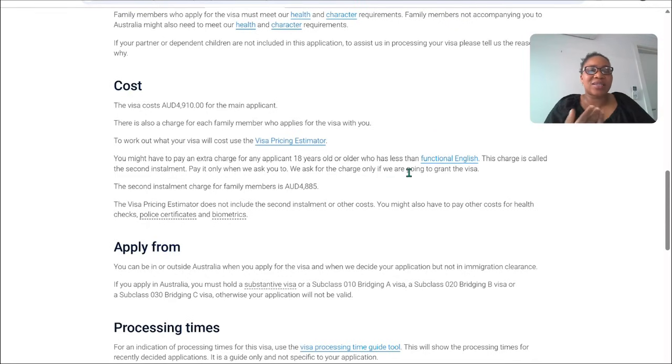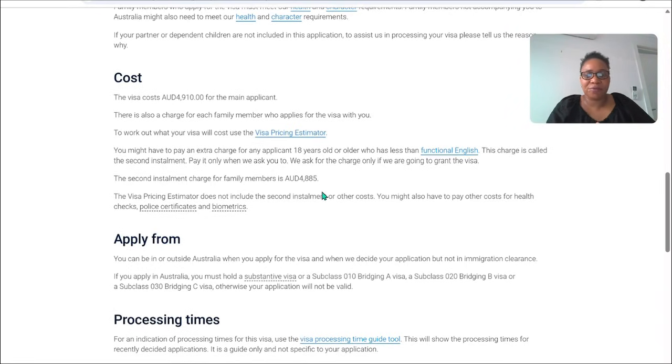And functional English can be their academic certificates, be it ZIMSEC Form 4, be it diploma, be it their degree if they have, or any academic certificate, or in this case, the institution writes a letter to say that they were taught in English, something like that, or they can just write their PTE or IELTS, and the scores are really, really low. It's like anybody can do this. Like I said, the visa fees for the dependents get lesser. If it's a child, it's actually half of your fee.